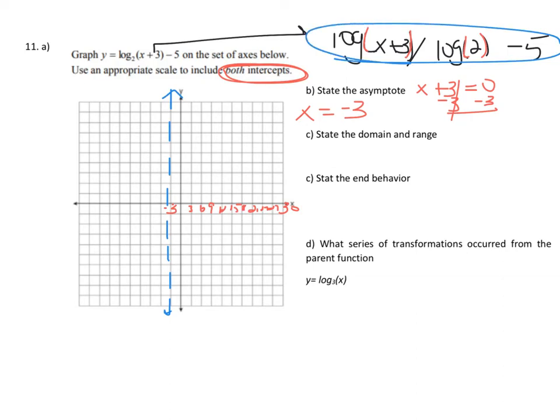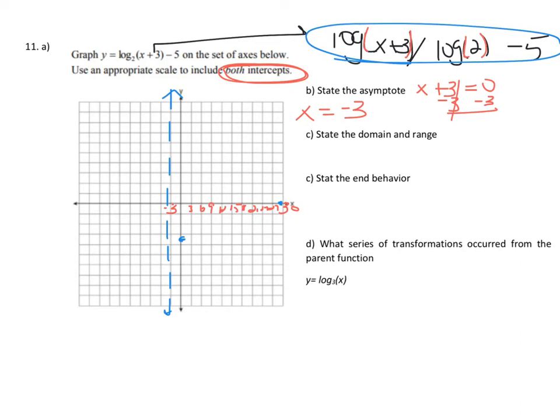My y-intercept is -3 point something. If you look at the table, 1, 2, 3, it's about here. Then you estimate a few points. I know (29, 0) is the x-intercept.